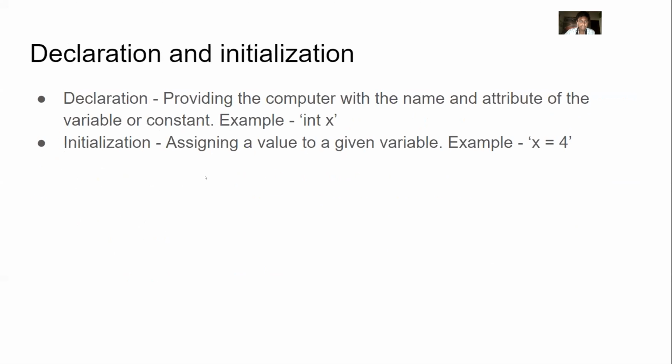Okay, so we can start with declaration and initialization. Initialization is basically giving a value. Don't remember the names. The names are unnecessary. Just remember that they're a thing and what they're for. Initialization is giving a value to a variable.